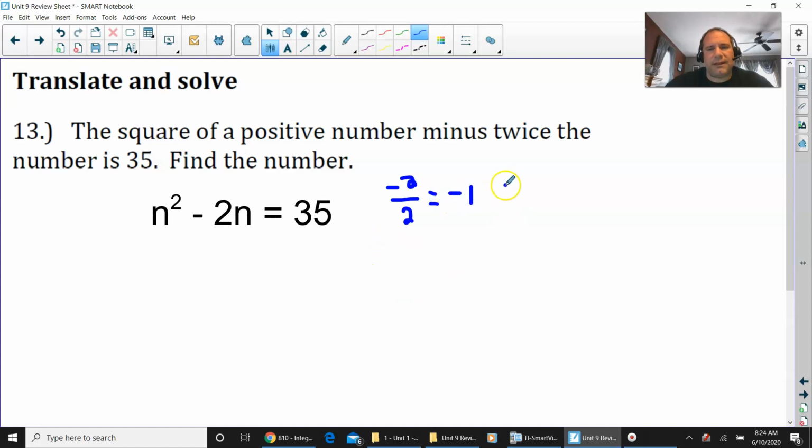And then we're going to just do -1 squared. And I always put that in parentheses, and -1 squared is 1. So nice and easy, you're going to add 1 to the left side, and we're going to add 1 to that right side.